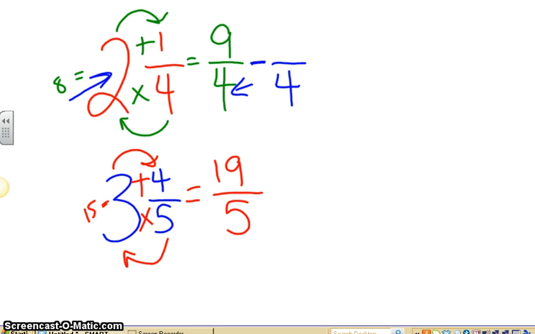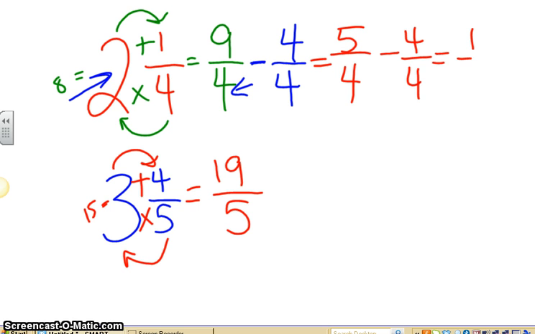So if my denominator is 4, my numerator also has to be 4 if that's going to represent a whole. So 9 minus 4 is 5. And my denominator never changes. Now, that fraction is still improper, so I need to take out another whole. And I'm left with 1/4.